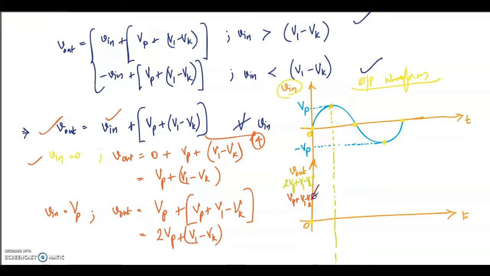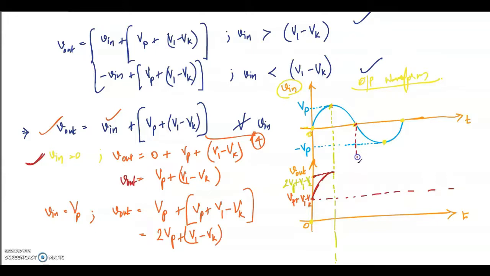The shape is retained like I said. So my peak here is, this is the peak. Okay. Again I have Vn equal to 0 here. At Vn equal to 0, we have already calculated that V out is equal to Vp plus V1 minus Vk. That is this line.